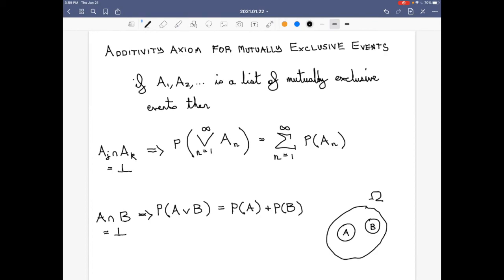And so the 2 events as subsets of the sample space being mutually exclusive, that just means in our picture we should draw them as non-overlapping.